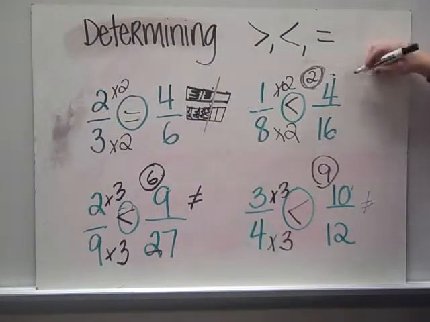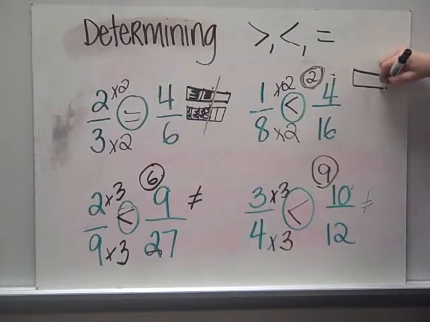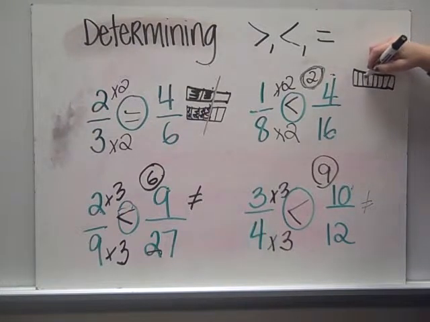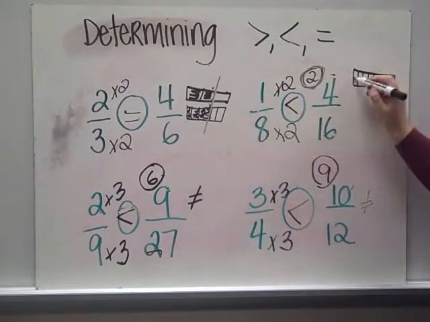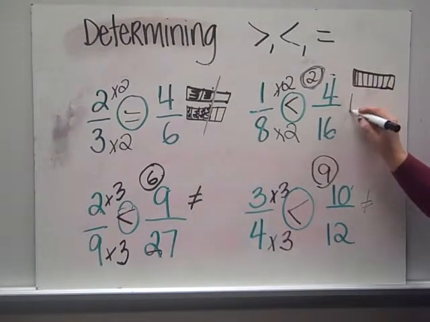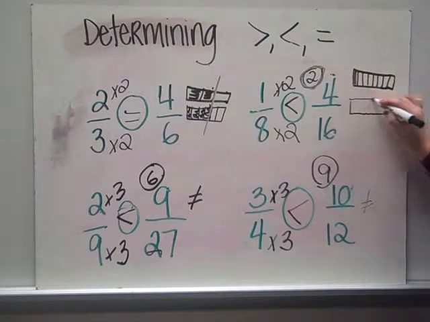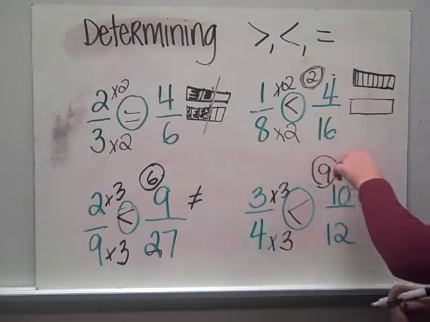Okay, if I wanted to draw this as an example, I would draw a bar, cut it into eighths. 1, 2, 3, 4, 5, 6, 7, 8 equal pieces. I would shade 1 of them. The key is drawing the same size bar. Now I'd have to cut this into 16ths.